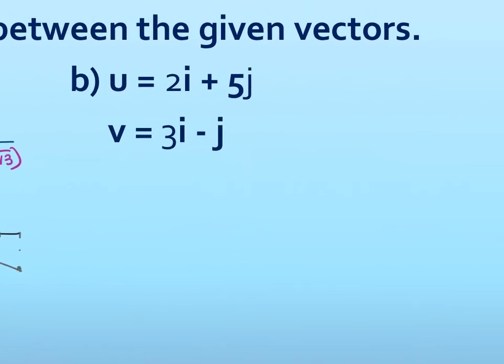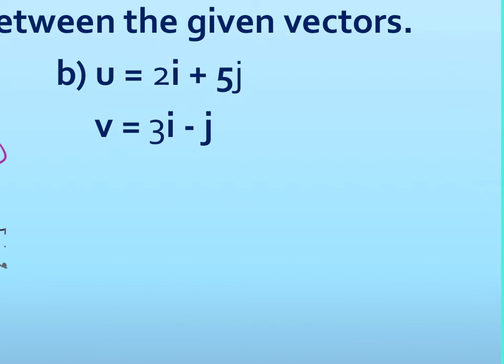Now look at B. Again, these are in ij format, so if it's easier to convert them, then we want to start with that. This would be 2, 5, and this would be 3, negative 1.